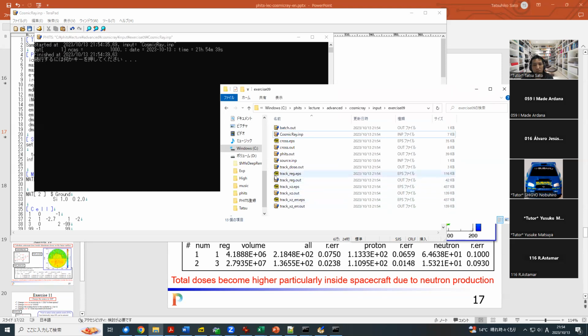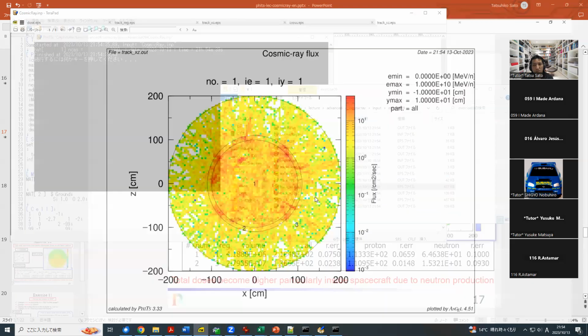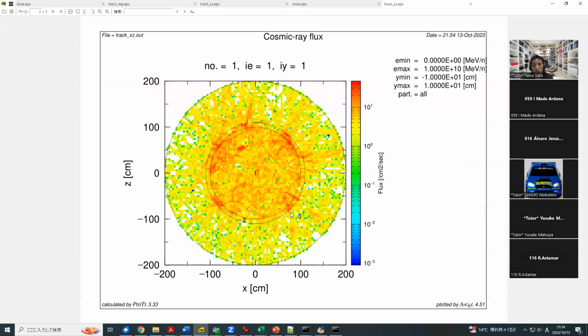Now particles interact with these aluminum shells, and many secondaries are generated.